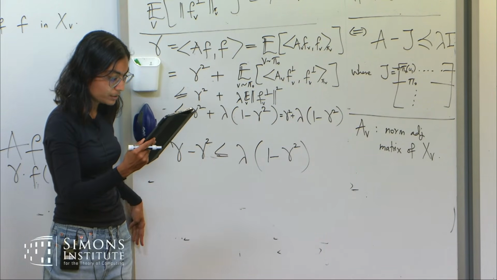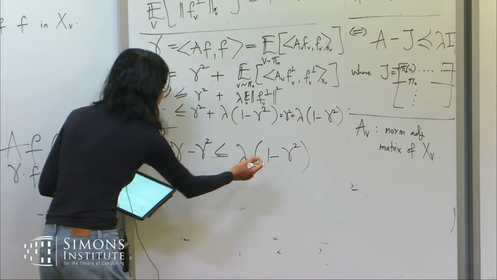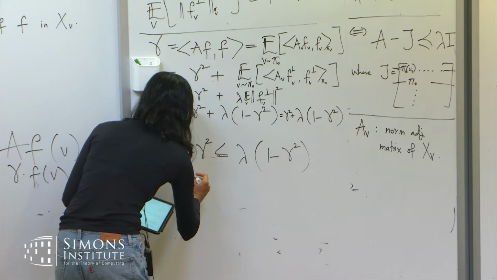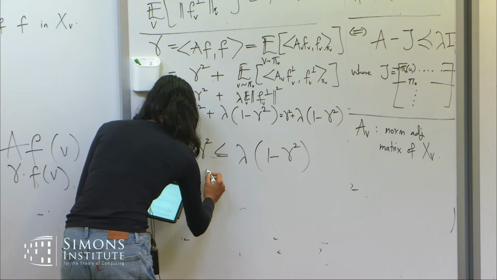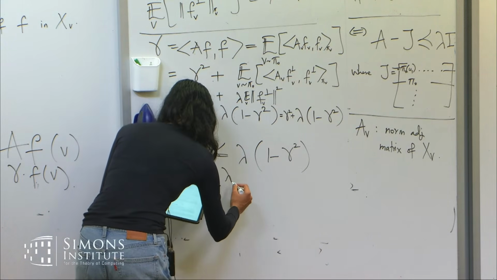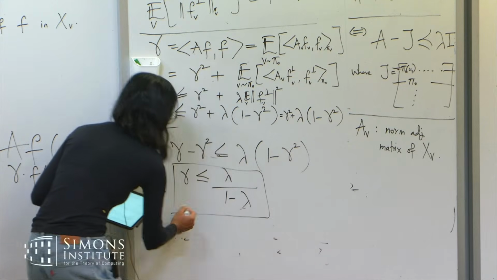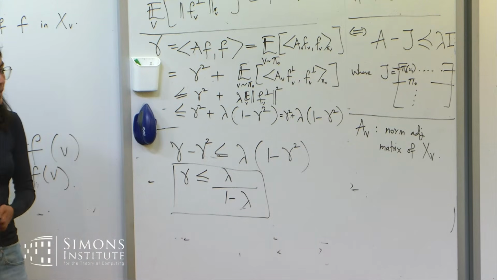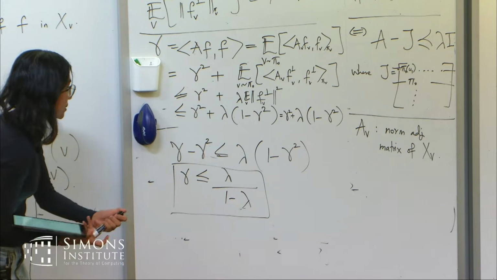So given that gamma is smaller than 1, you can divide out by 1 minus gamma to get that gamma is at most lambda by 1 minus lambda. So the last step is just a calculation.